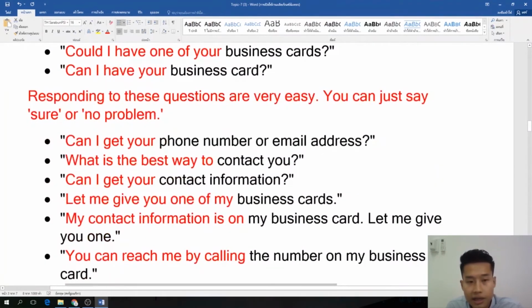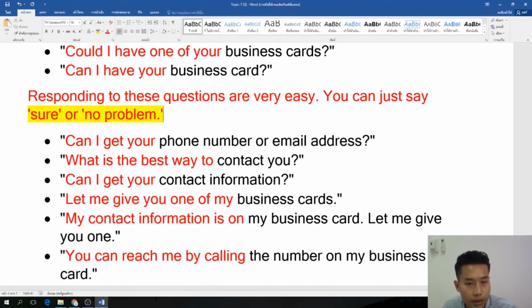Okay, how can I get your phone number or email address? You can answer: sure, no problem. These two phrases, sure and no problem, are what you say when people ask you, can I get your phone number or email address? So, what is the best way to contact you?